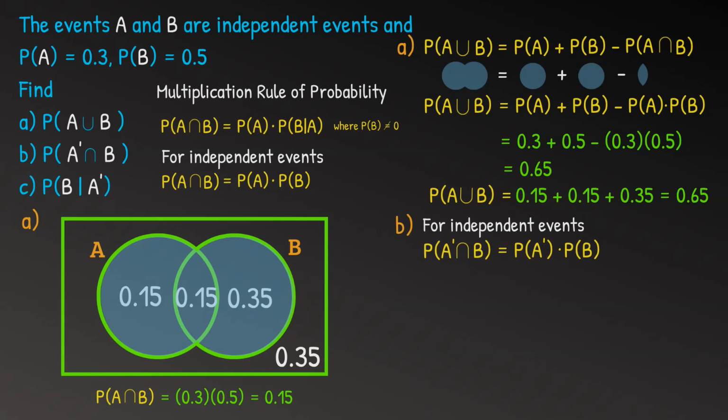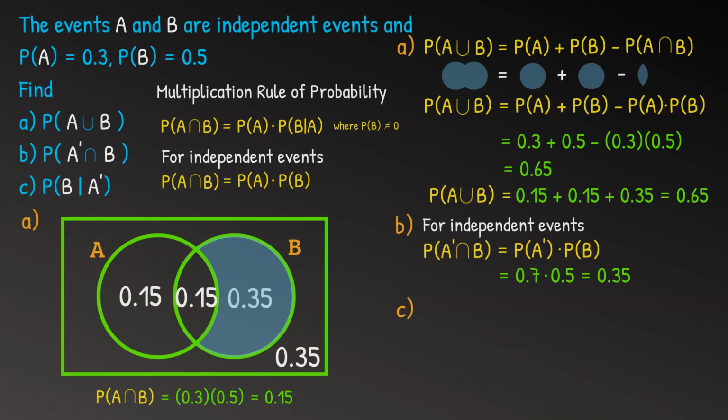So we have all of the values to work out the probability of A complement intersect B, which is 0.7 times 0.5, which gives us 0.35. Of course, if you had completed a Venn diagram, you could read that value straight from the Venn diagram, as it's this area here, as it's everything outside of A that is also inside of B.